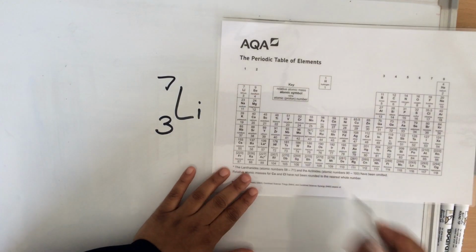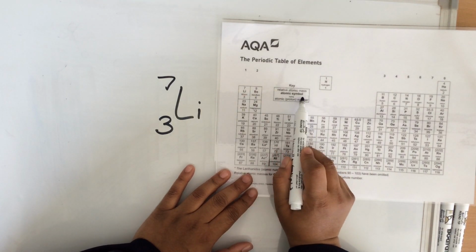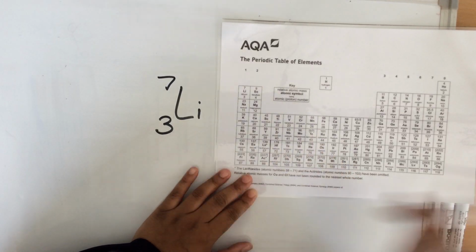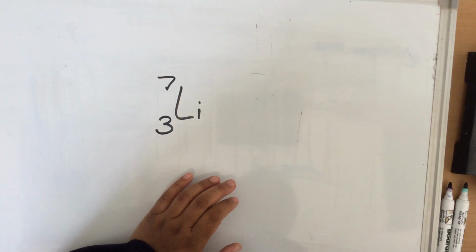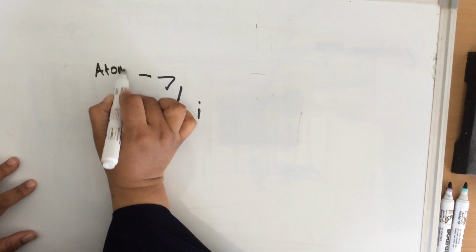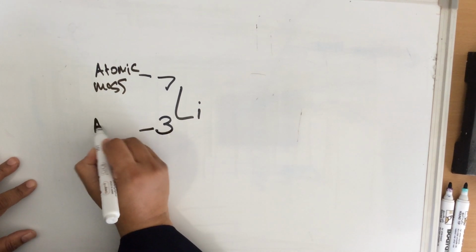On the AQA version, it says on the key that the relative atomic mass is at the top and the atomic number is at the bottom. So this is the atomic mass and this is the atomic number.